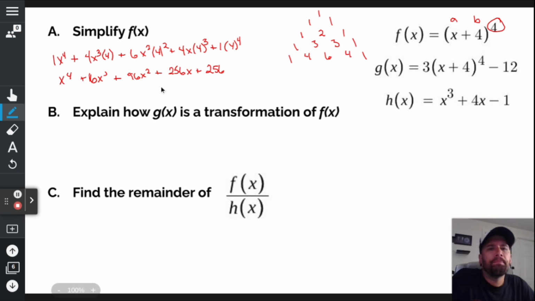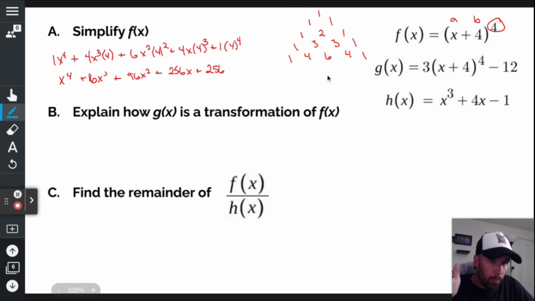All right. Explain how g of x is a transformation of x or f of x. So I have a 3 in front of my parentheses, not inside my parentheses, which implies that I'm taking f and multiplying f by 3. So be careful.